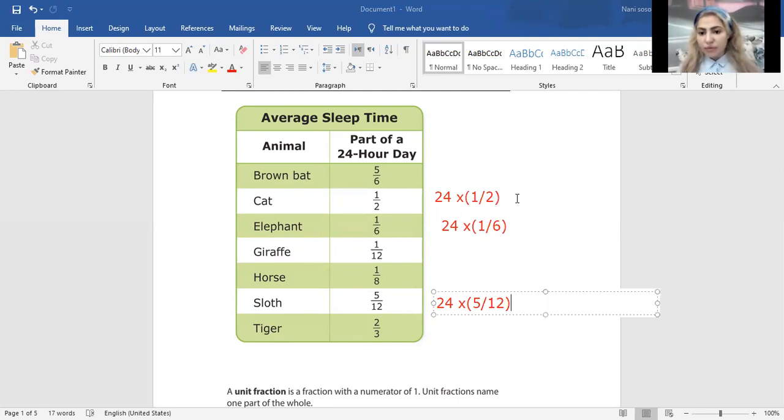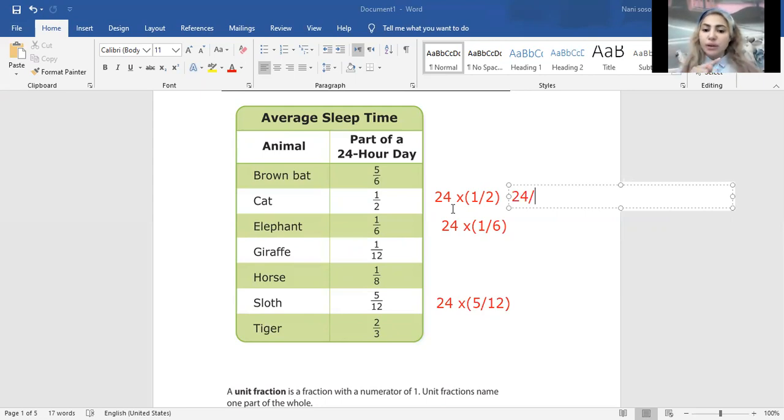24 multiplied by half. How do I multiply a whole number by a fraction? I multiply the numerator by numerator and denominator by denominator. My numerator is 24 and the other numerator is 1, so my new numerator will be 24. Out of what? What's the denominator of the 24? Any whole number, its denominator is 1.